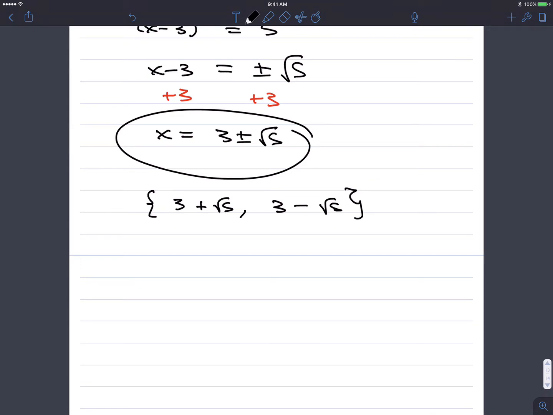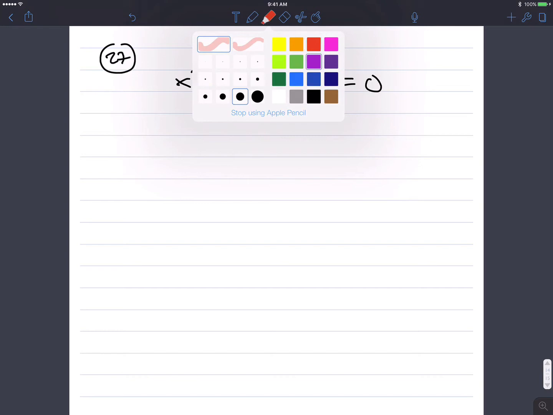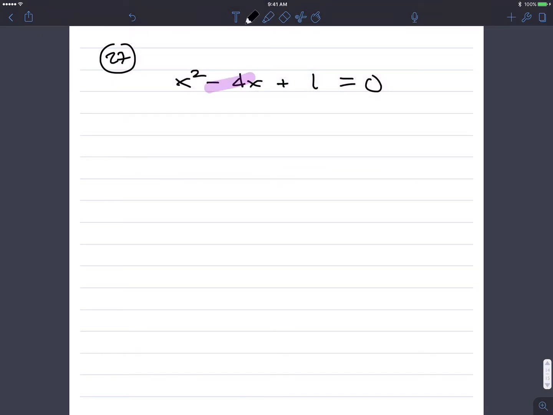So this is how we solve equations not just by using that square root formula, but by using completing the square. And so let's see how number 27 looks. We get x squared minus 4x plus 1 is 0. Okay. Using the same process, b is negative 4. I'm going to do this a little bit more efficiently.